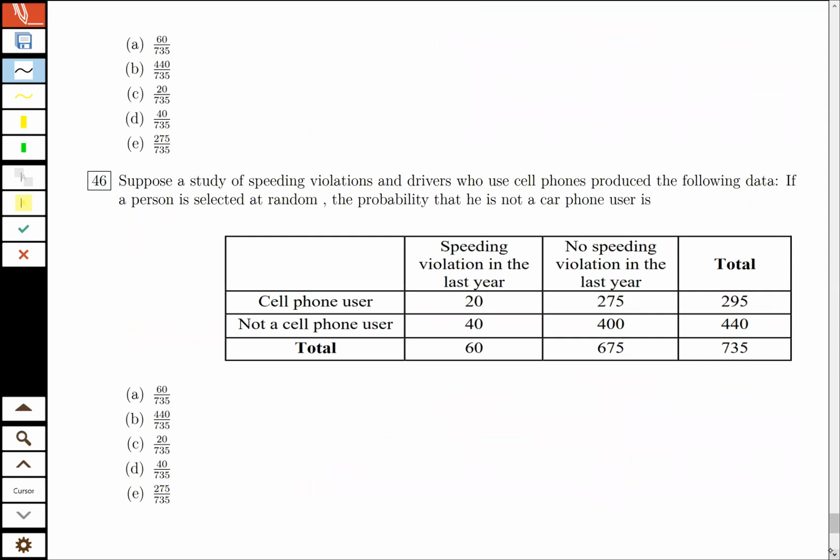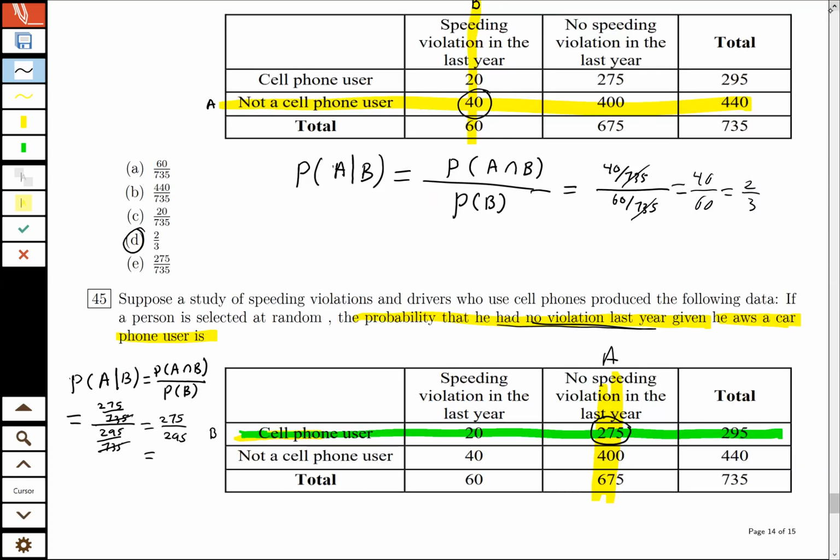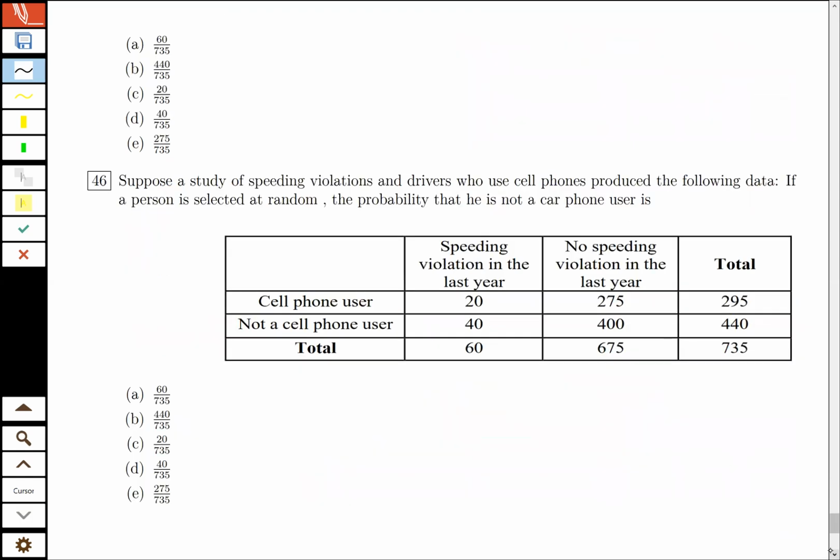That's question number 45, right? It's 275 over 295. I think I have missed that one. So the probability is 275 over 295. 275 divided by 295 is equal to 55 over 59, which is 0.9322.